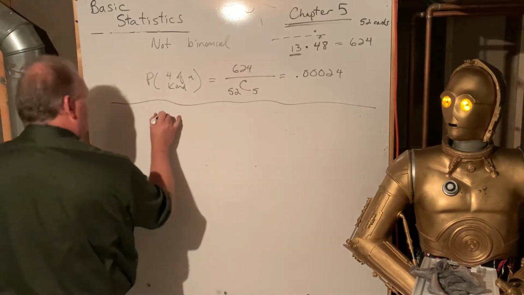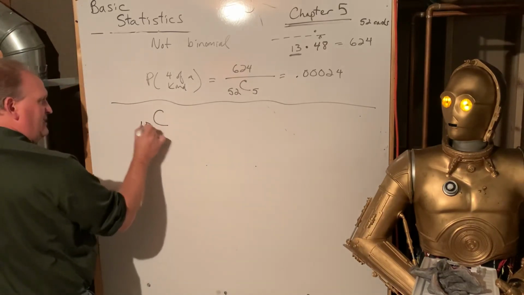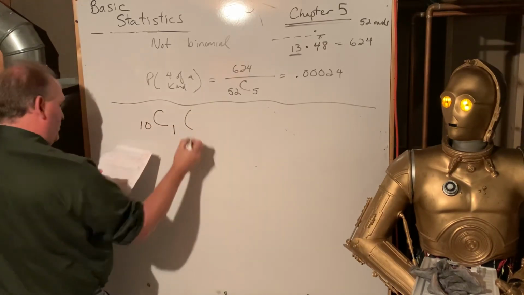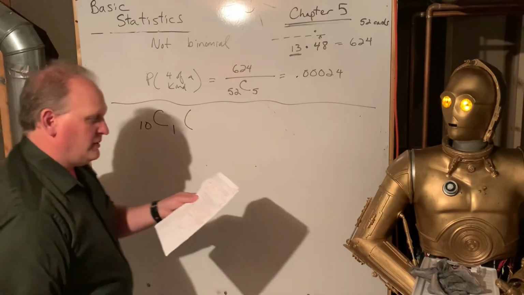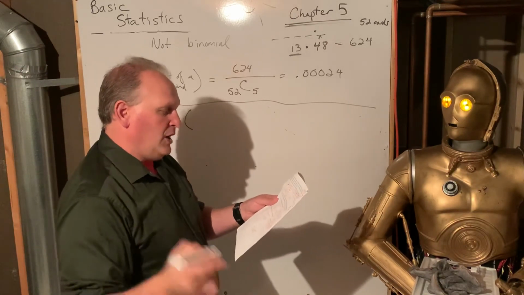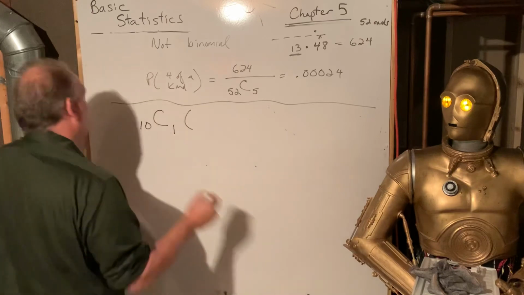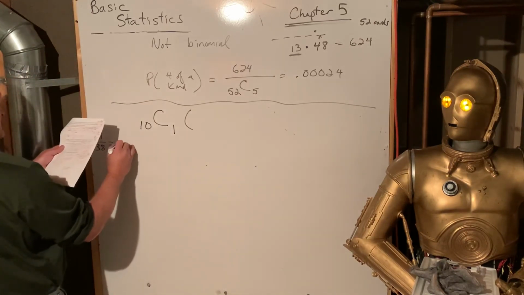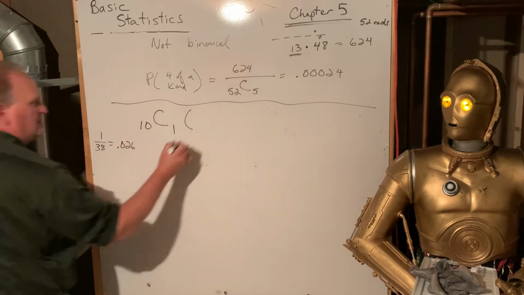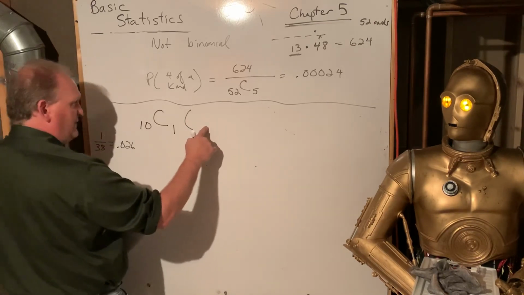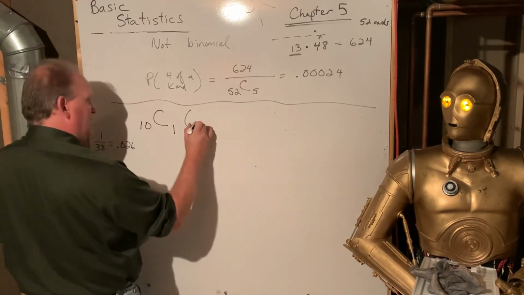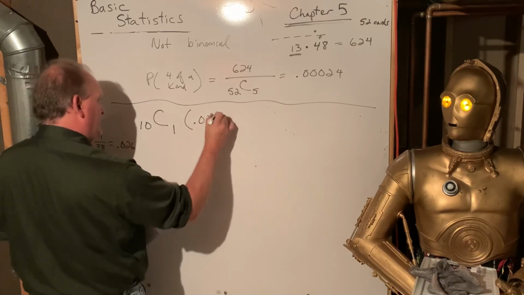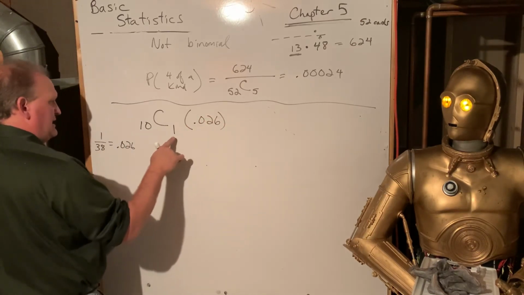So that is 10 choose 1. What are the chances that you will get it? That's 1 out of 38. I'll tell you what, we'll make 1 out of 38 into a decimal, 0.026. You can leave it 1/38 and 37/38 if you want, but I'll make it into a decimal. I think most students have an easier time wrapping their head around decimals.